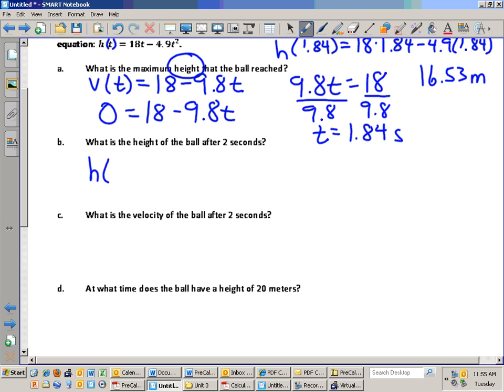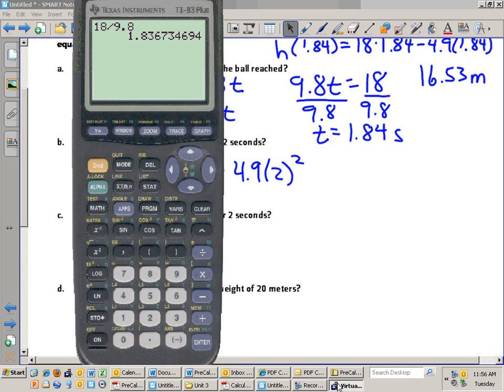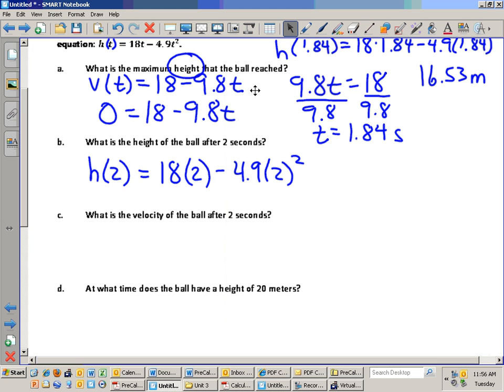Very good. h of 2 is equal to 18 times 2 minus 4.9 times 2 squared. 16.4. So after 2 seconds it is at 16.4.